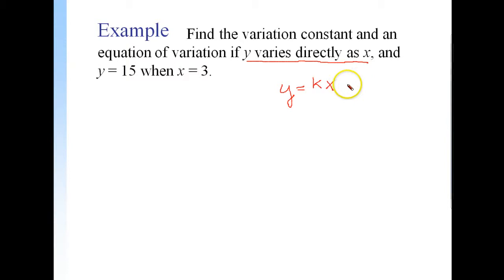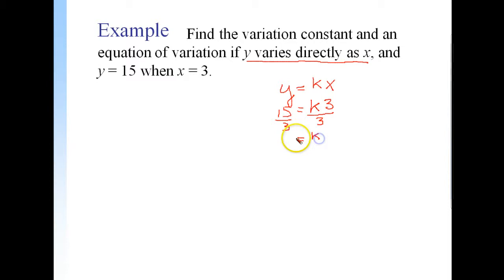So what do you do? Well, where the y is, you put 15. Where the x is, you put the 3, and you leave the k in. That's what we're trying to determine, what the k is. Now that we want to solve for k, we're going to divide both sides by 3.